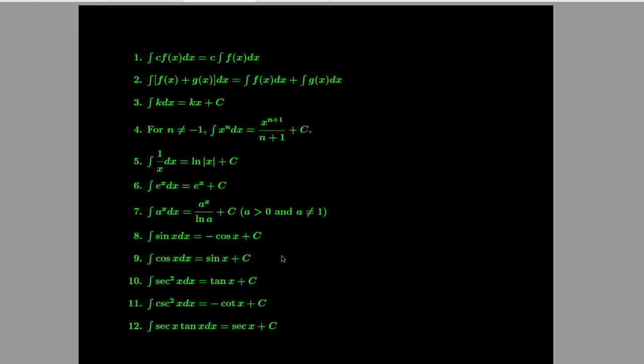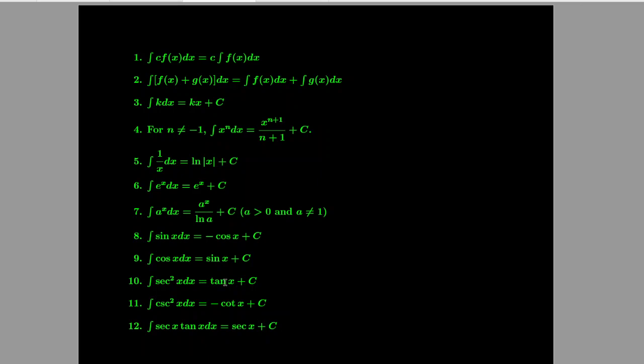And likewise, the same is true for number 10. You look at number 10. If you are trying to evaluate the indefinite integral of secant squared of x, all we need is to get a particular antiderivative of secant squared of x. So you think, which function has the derivative of secant squared of x?